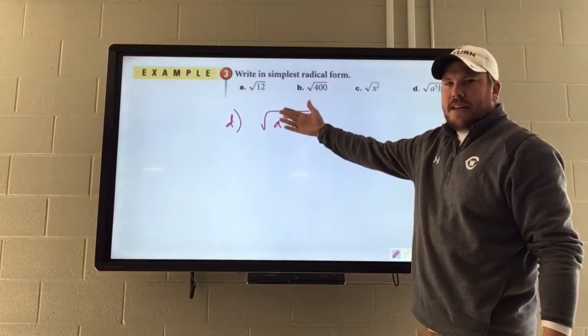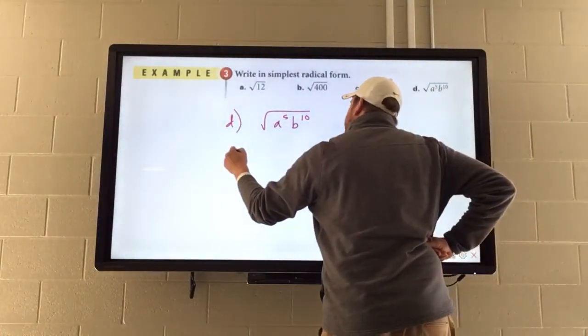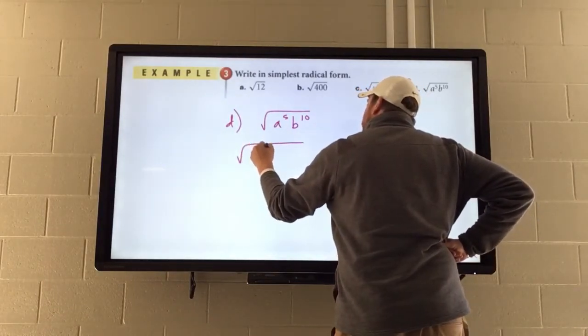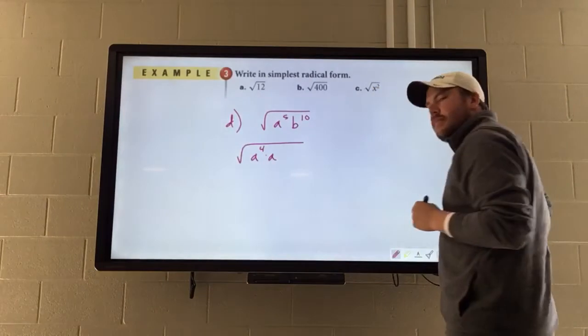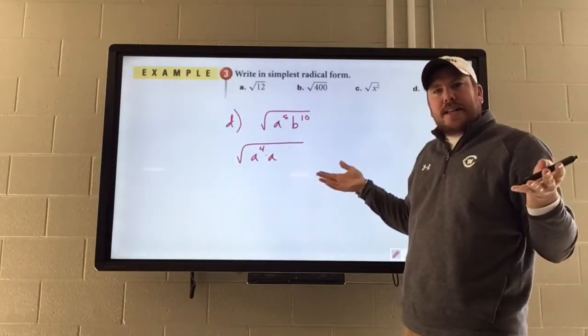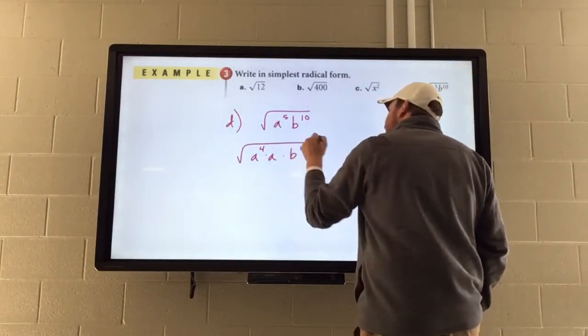But as you can see, a is raised to the 5th power. It's not an even power. Here's what we can do. Ready? I'm going to rewrite this as the square root of a to the 4th times a, because a to the 4th times a gives me a to the 5th, so I'm just rewriting that a to the 5th, times b to the 10th.